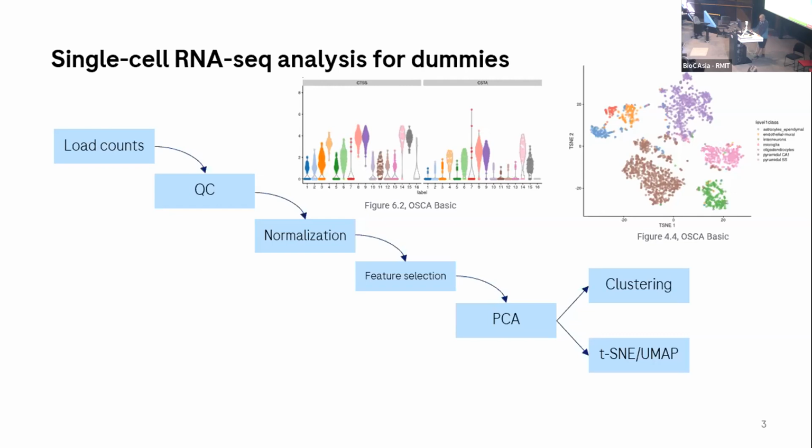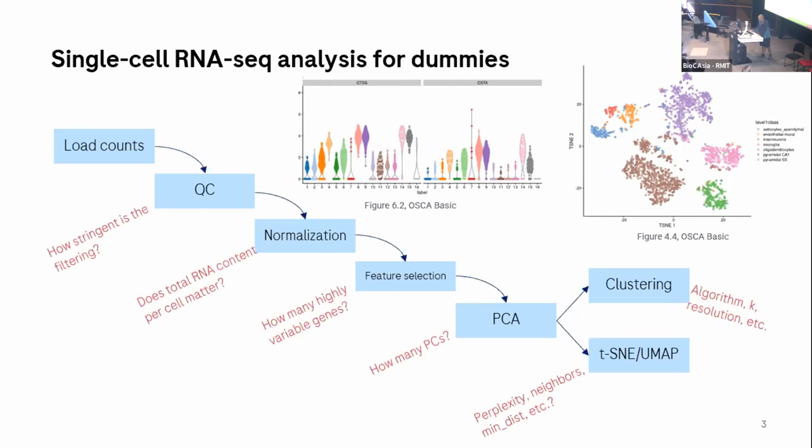Of course, in practice, it's not so straightforward. And that's because each analysis step has several degrees of freedom in its parameterization that can determine how you can proceed with it. So I've listed a couple of the choices that we might have to make at each analysis step here. For example, the resolution of the clustering will determine the granularity of the putative cell types that you end up with at the end of the analysis.